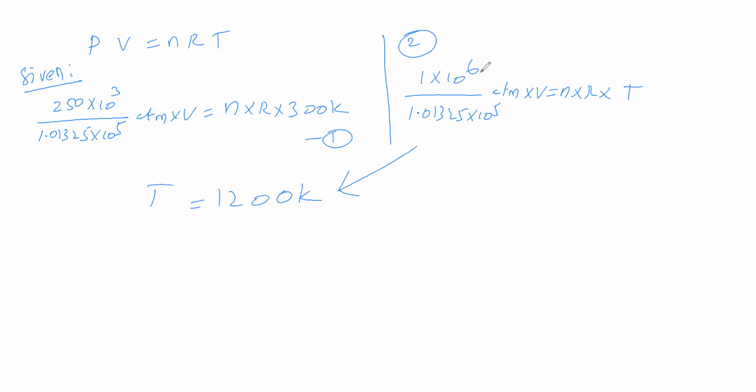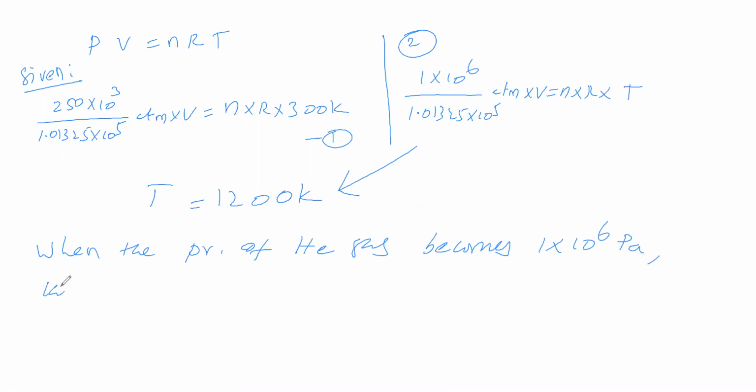So when the pressure of helium gas becomes 1 into 10 power 6 Pascal, the temperature attains 1200 Kelvin. If the temperature becomes more than this, the pressure will become more than this, then what will happen? The cylinder will burst. So now you say whether the cylinder bursts first or melts first.